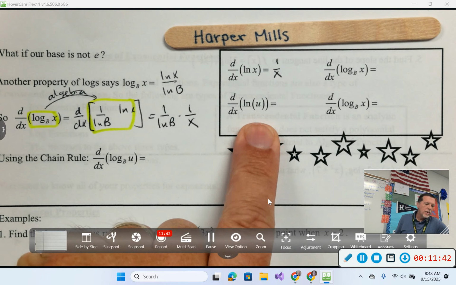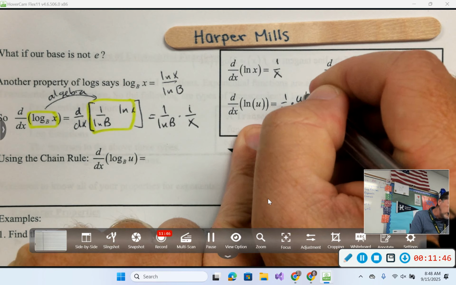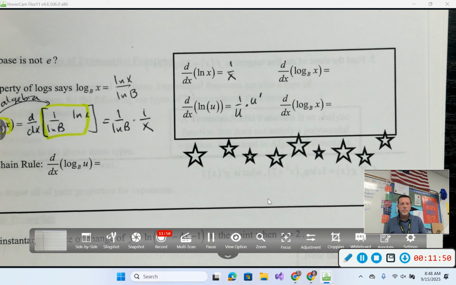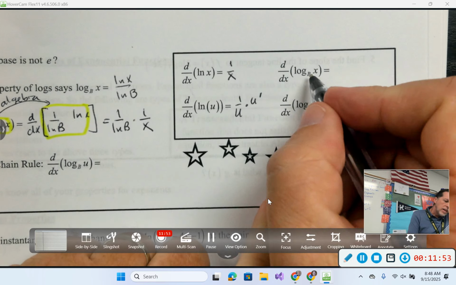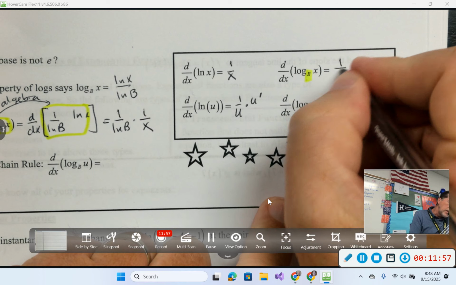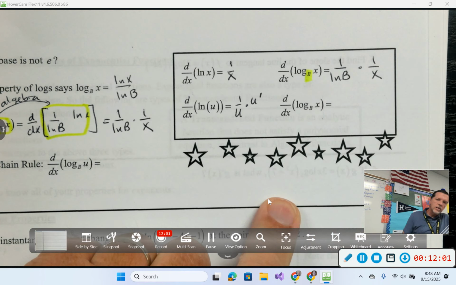All right, if it's a u in there, it's 1 over u, but then chain rule times u prime. If the base isn't e, then we need 1 over natural log b out front times 1 over x.